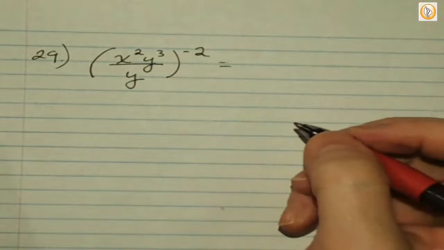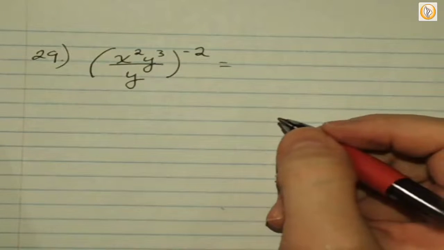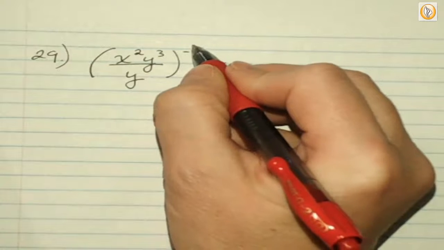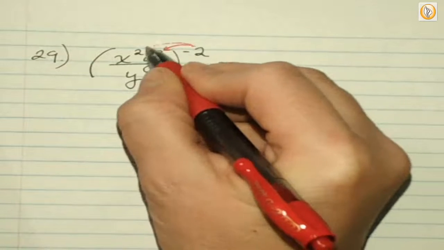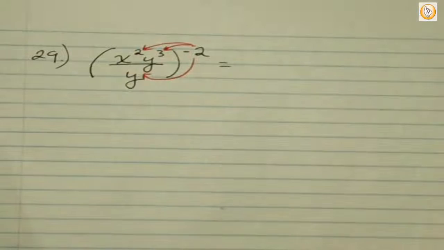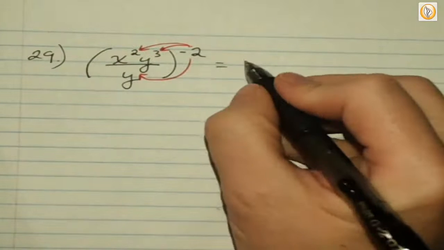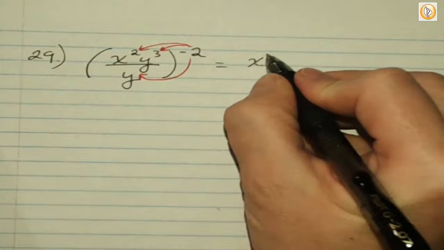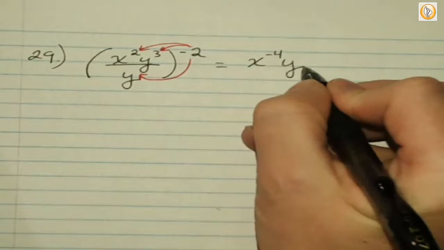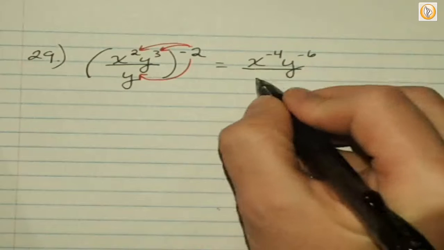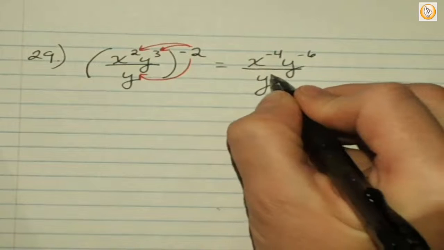Tell me what to do. You multiply both the top and bottom exponents, and the y down here. So then I get x to the power of what, times y to the power of what, all over y to the power of what?